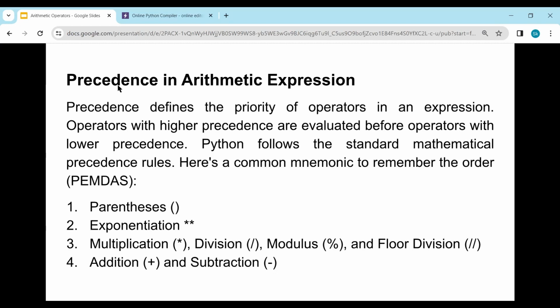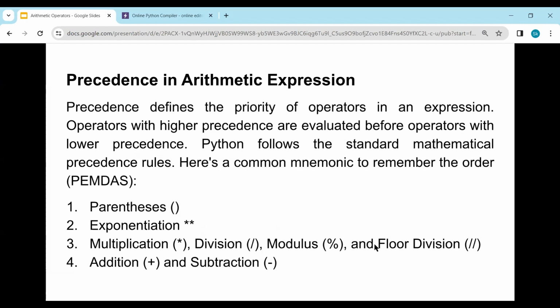Thank you, Omega. Now, this precedence in arithmetic expression, as we have done earlier in our junior classes, is how to solve mathematical expressions. So, always the parentheses, the brackets, have a higher priority. Then we go for the exponent, the power. Then multiplication, division, modulus, and floor division have the same priority.